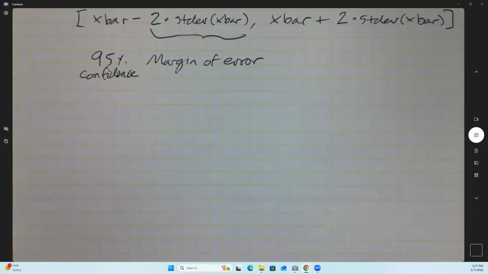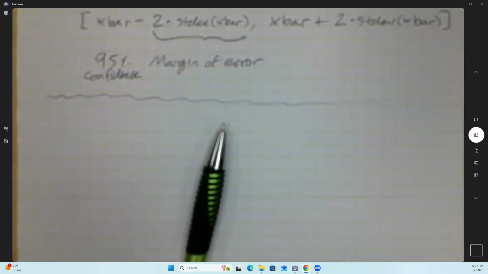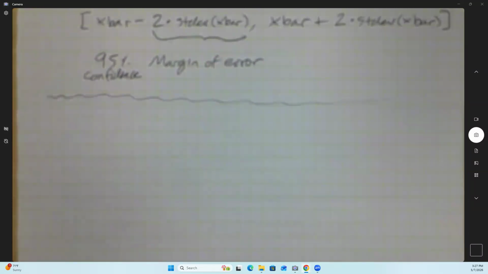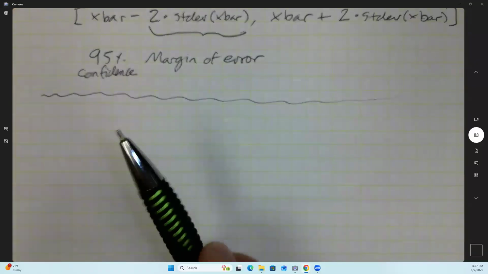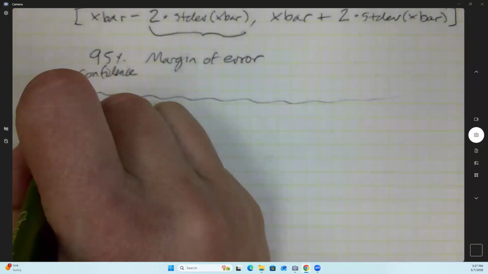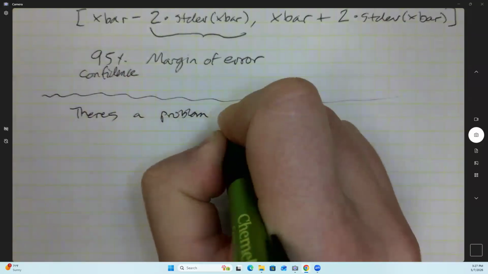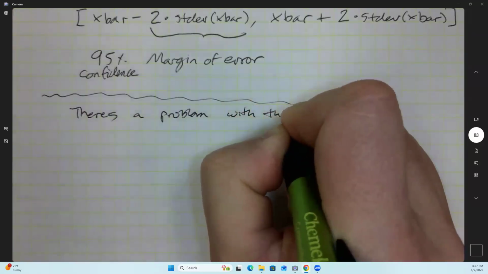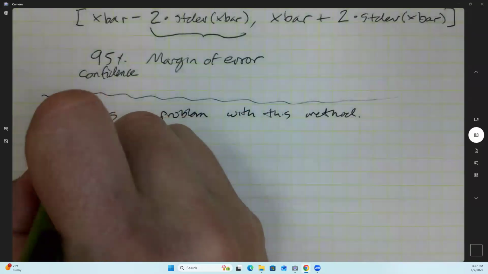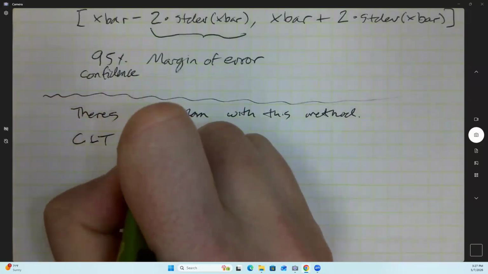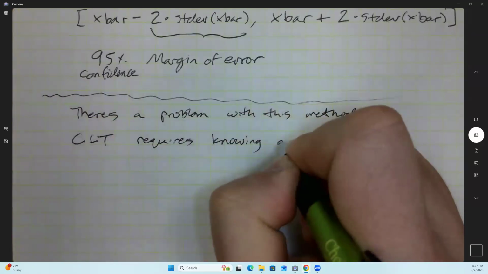And then the last piece for today is there's a problem with this method. The central limit theorem requires knowing about the population.